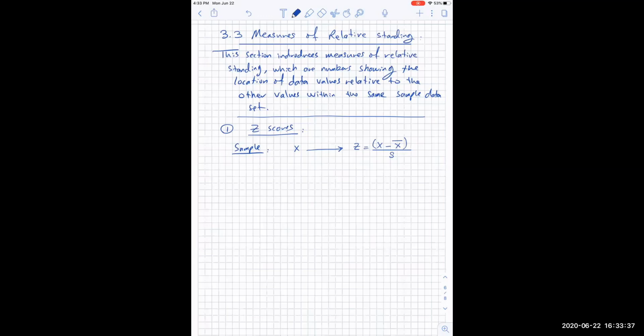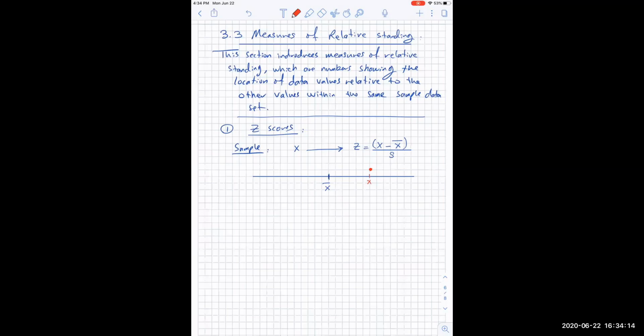So let's visualize this. Suppose I have this number line, and this is the center. This is the mean right here, x bar. And there is a data value, let's say to the right here. X is right here. I want to describe the position of this data value with respect to the center, to the mean.